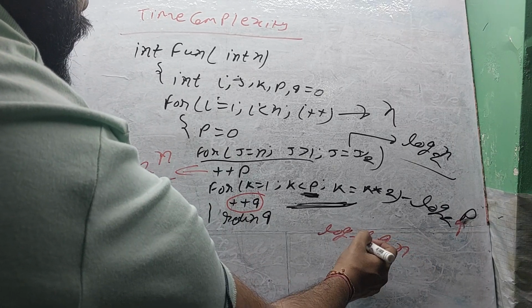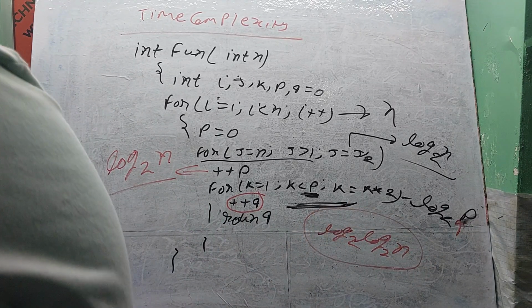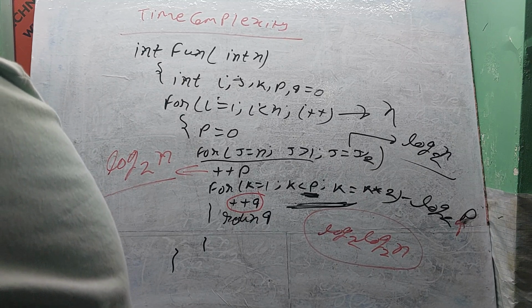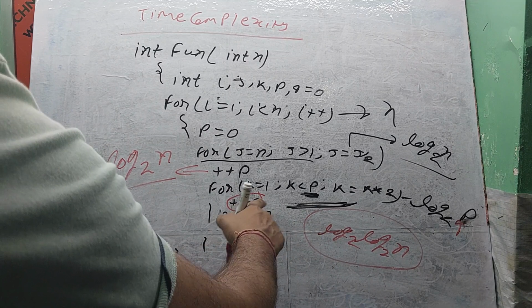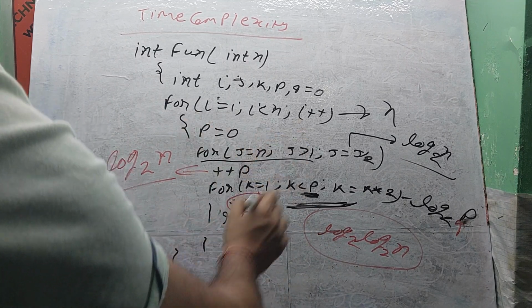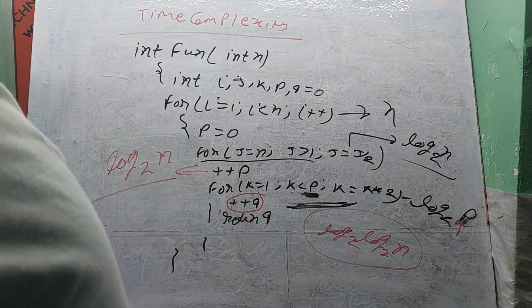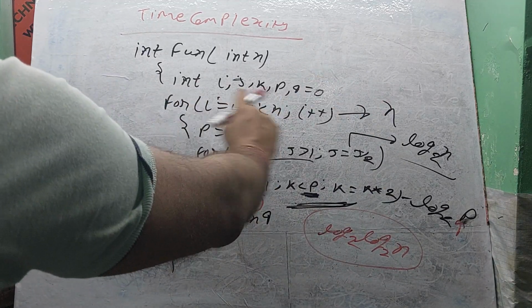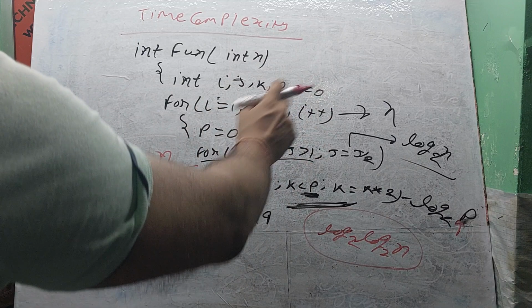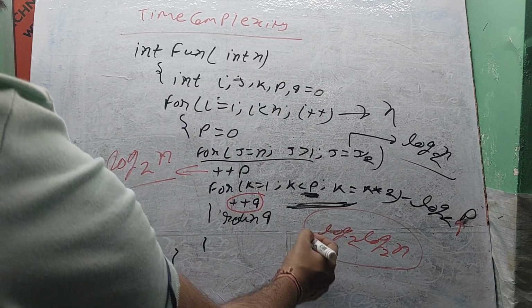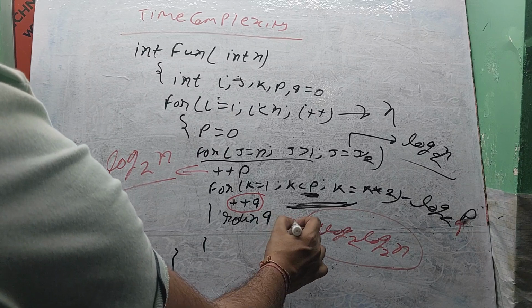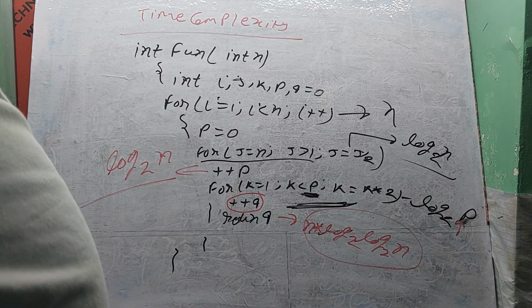This is the return value of this inner loop, and this is the internal value q, but it will execute for a total of n times, so it will be multiplied by n. This is the return value of q.